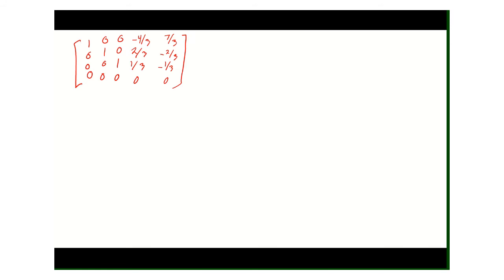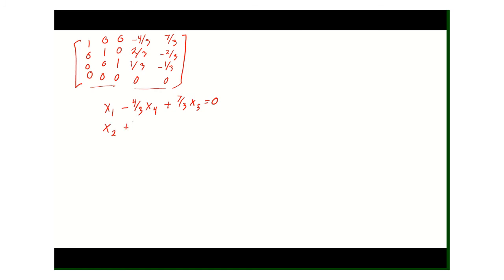So again, if we look at this now, we have 3 variables that are basic variables and 2 free variables. Our equations are going to be x1 minus 4 over 3 x4 plus 7 over 3 x5 equals 0.